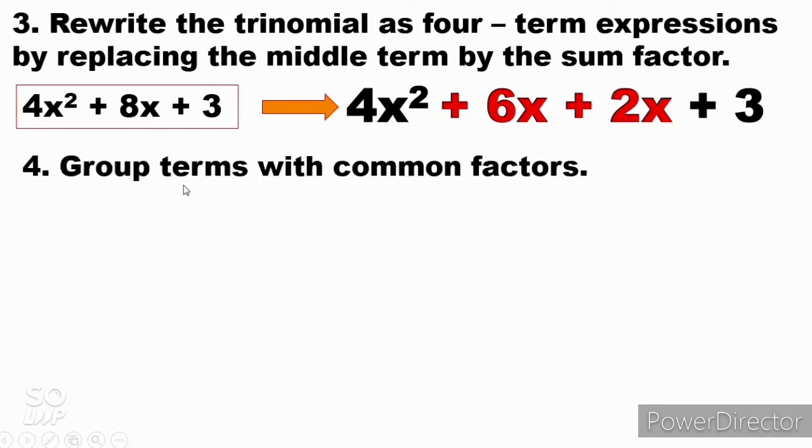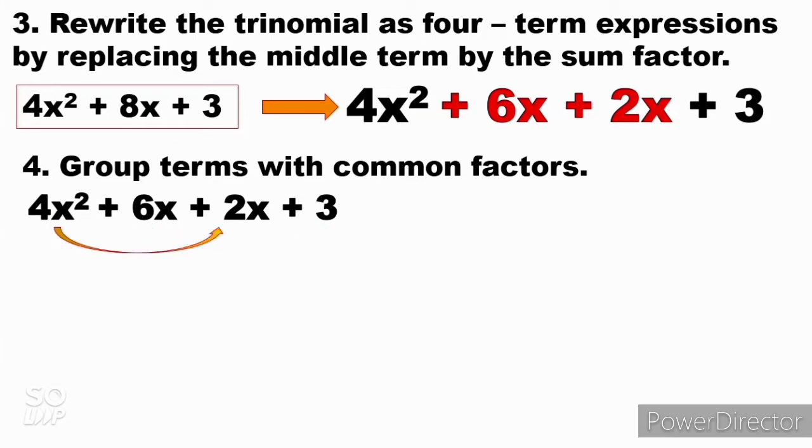Next step, group terms with common factors. Igugrupo natin yung 4 terms, which is dapat magkakatabi yung may common factors. Yung 4x squared at saka yung 6x, may common sila, but yung 2x at saka 3 is wala. So, ang gagawin natin, pagpapartnerin natin or igugroup natin yung 4x squared at saka yung 2x. Common silang dalawa sa 2x. And then next, we have to group 6x and 3.